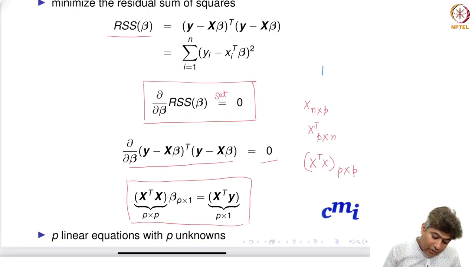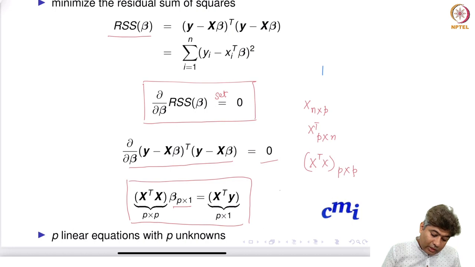Similarly, X transpose X is a p cross p matrix, and beta is a vector of length p. So here on the left side we are getting p equations, and on the right side we have X transpose y.